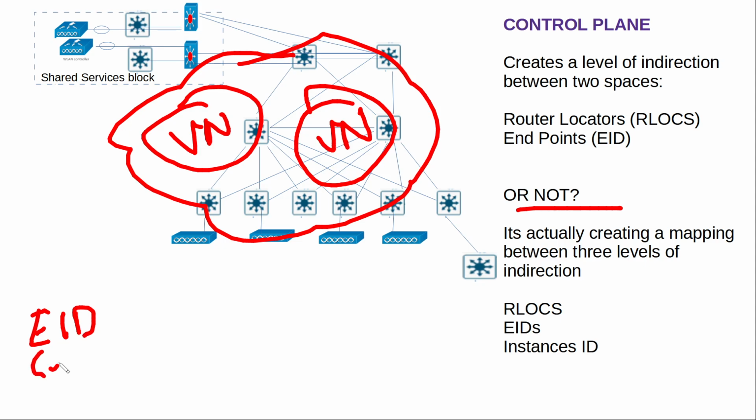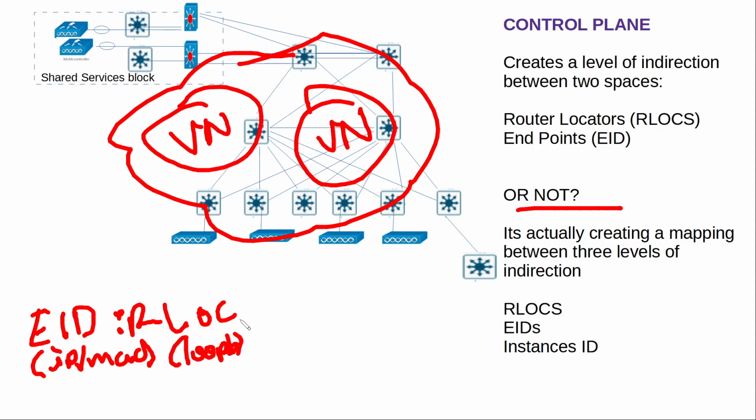Remember that this can be an IP address and a MAC address. An RLOC. Remember that the RLOCs are actually loopbacks that belong to my network devices, and an instance ID. So this instance ID will correspond to VXLAN layer 3 VNIDs or layer 2 VNIDs.